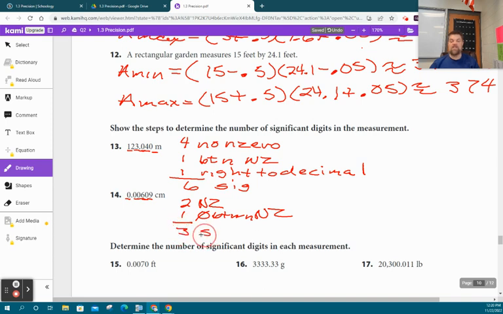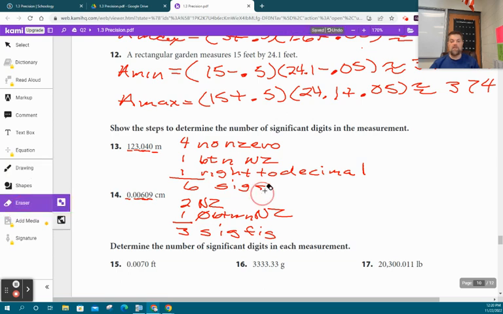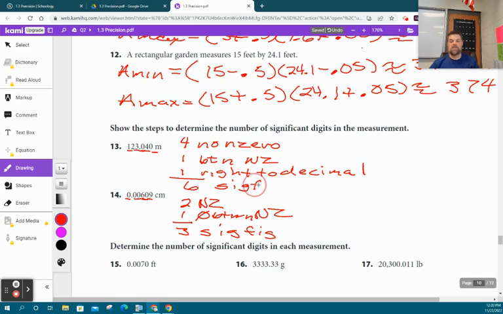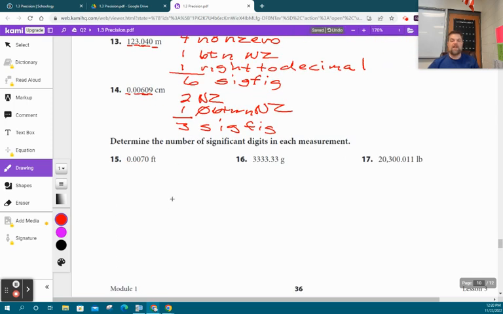So I've got 3 sig figs. I'm going to put sig fig. All right. So now we got to determine the significant figures on this one. Here's 1 non-zero, 1 to the right. How many is this? 2 significant figures.